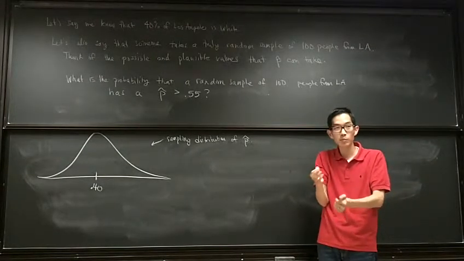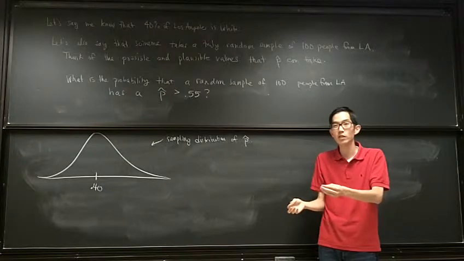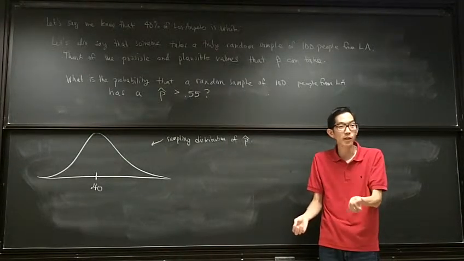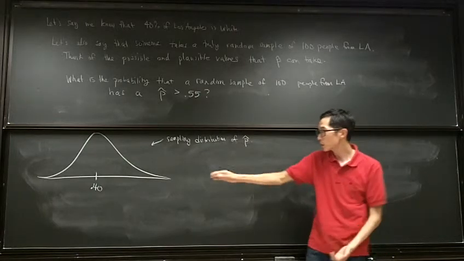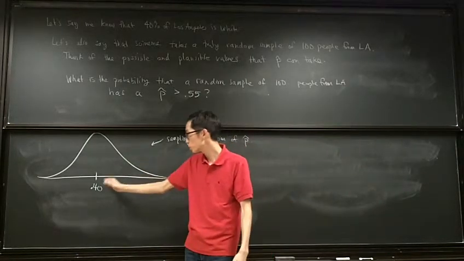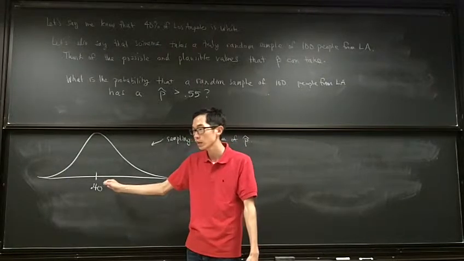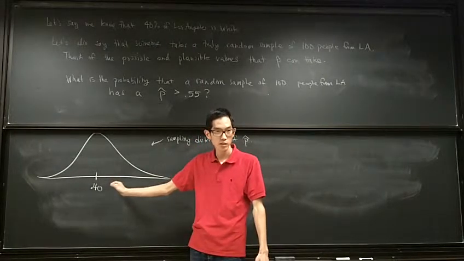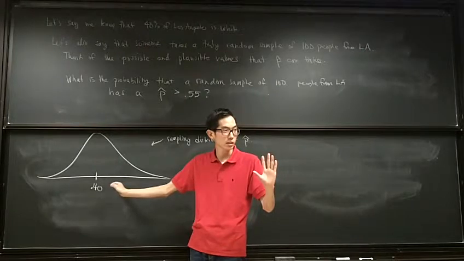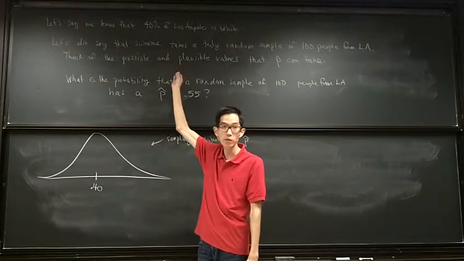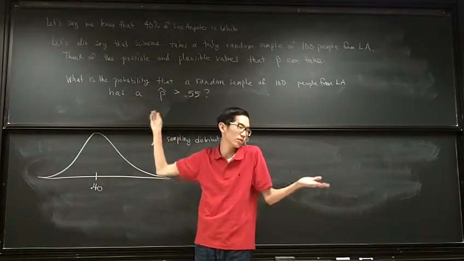Or maybe I take 100 random people and 25 people are white and my proportion there is 0.25. The number that's going to be most common, that goes in the middle, is p hat equal to 0.4. Does that make sense? That's because I'm telling you that the population of Los Angeles is 40% white. I don't know if that's actually true.